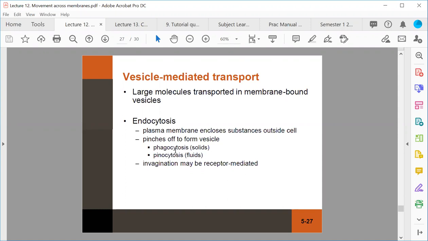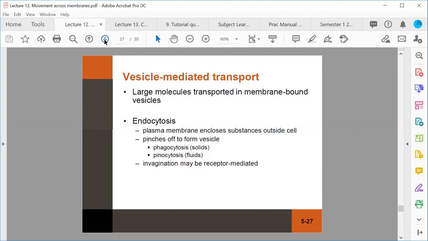When the vesicle is carrying solids, the process is called phagocytosis. If the cell is importing fluids, it's referred to as pinocytosis.